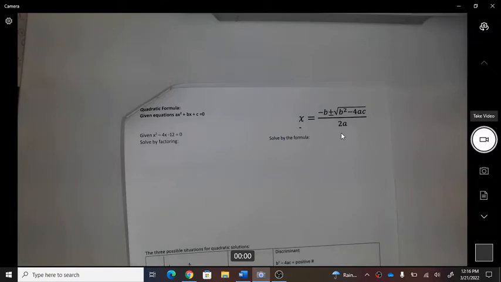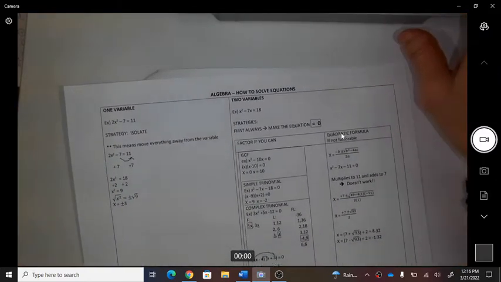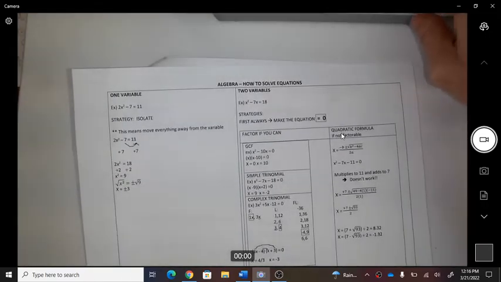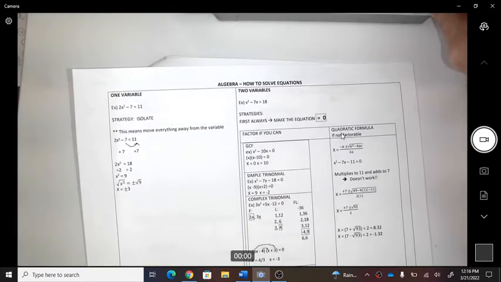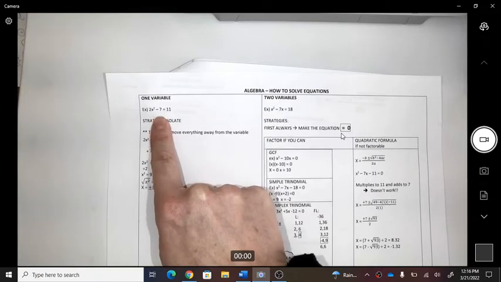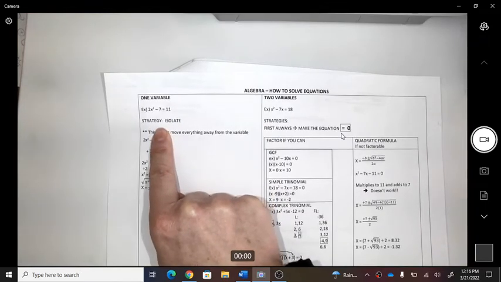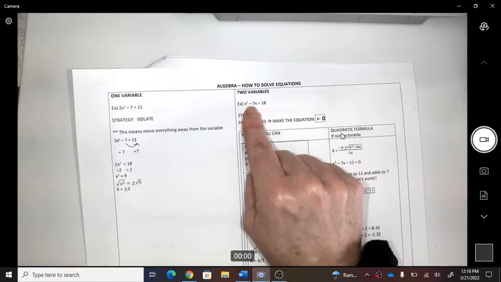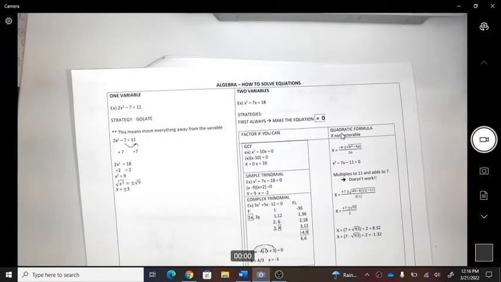Okay, so I gave you all this sheet a while ago. And this sheet tells you how to perform all of your strategies. So we started with, well, if you have one variable, you can isolate it, right? You can get it alone. If you have two variables, instantly you have to, what?